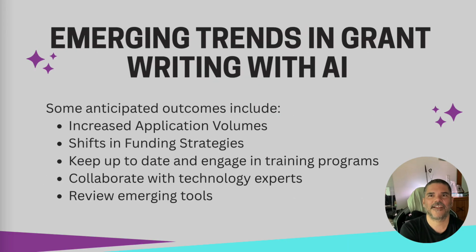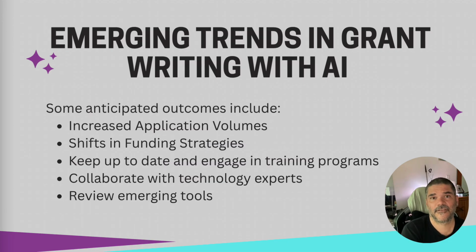And we can carry on with emerging trends in grant writing with AI. So some things that we are already seeing and that we are going to see in the future is that there will be increased application volumes. Instead of humans writing the grants from beginning to end, now you're going to see a lot of people leveraging this generative AI. So there's going to be a lot more grant applications that will be sent for these different grants.